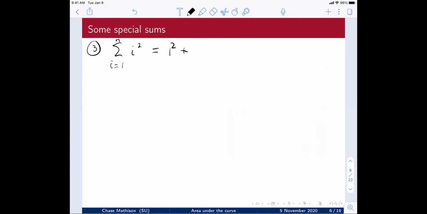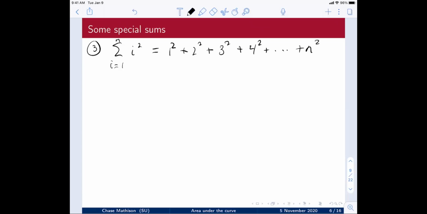And then a plus 2 squared, very good. And then a plus, and we increase i by 1 and we get 3 squared. And then a plus, and then one more, plus 4 squared. Very good. And then this goes all the way up to n squared.